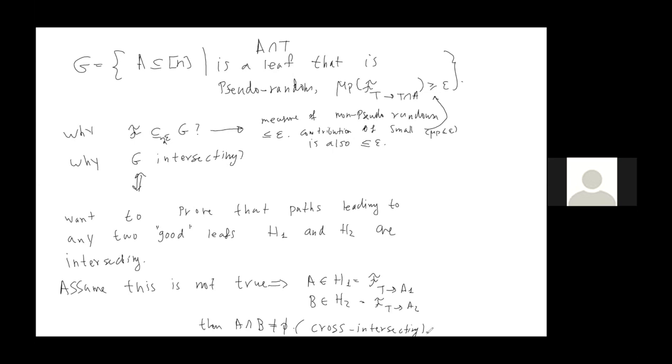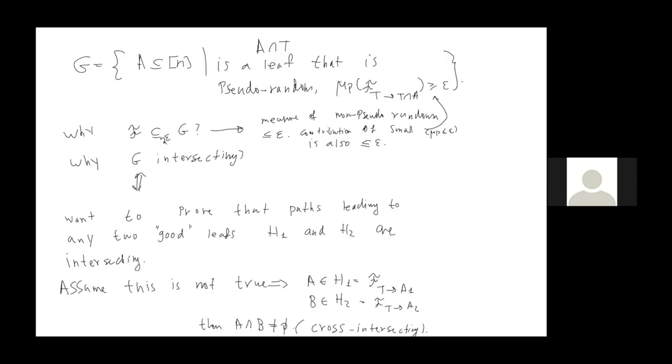Good. So note that the only thing that we know about H1 and H2 is that the junta chose them. Meaning we know that H1 and H2 are both sizable, meaning measure at least epsilon, and pseudo-random. And finally we got that they cross-intersect.